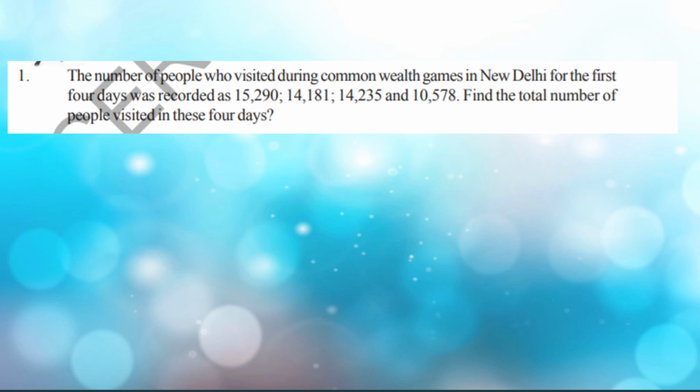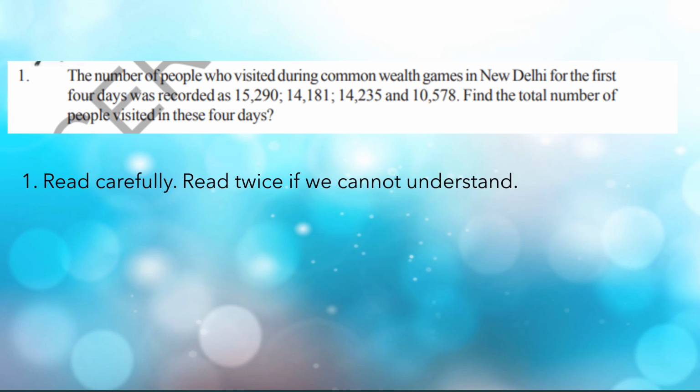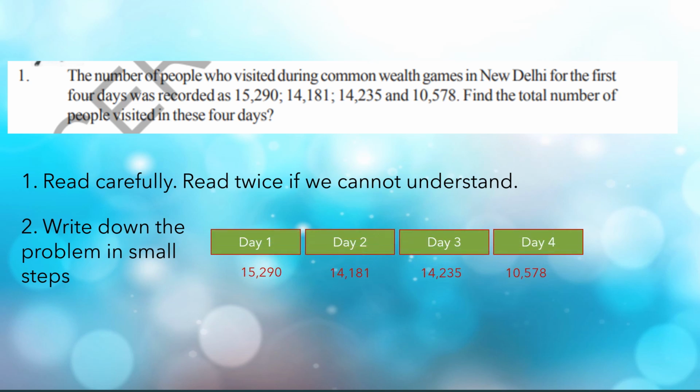Let's look at this problem again. The number of people who visited the Commonwealth Games, and the numbers have been given over 4 days. So what is the first thing we will do? We will read the problem carefully, and we will read it twice or more if we cannot understand. Once we have understood the problem, we will write down the problem in small steps. But here, instead of writing in small steps, I am going to draw a picture.